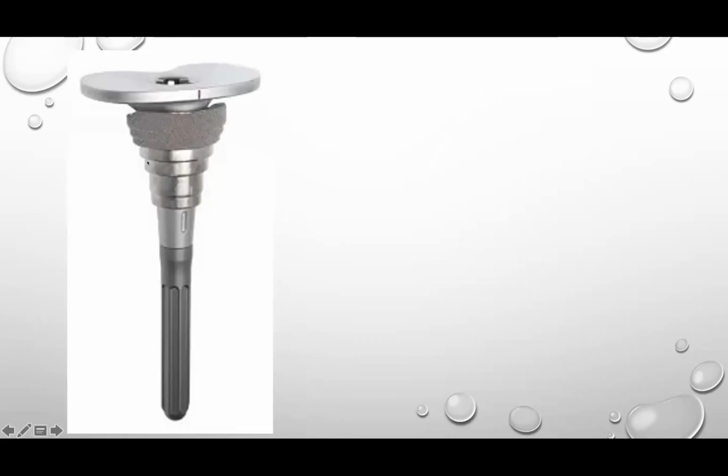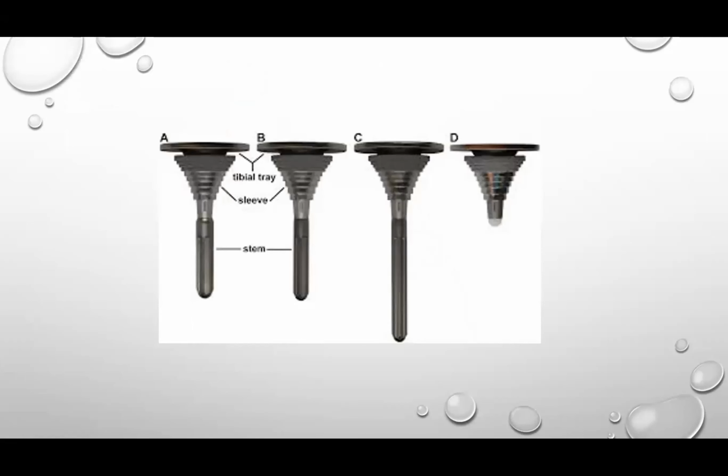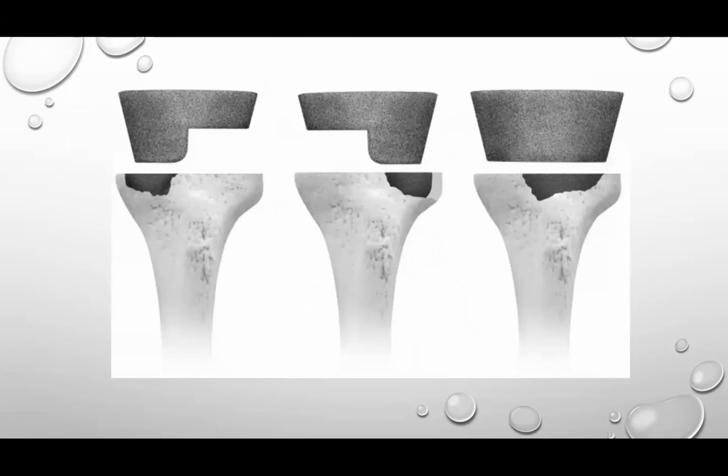This is the sleeve. The sleeve is usually unique for each manufacturer, and it gets connected to the tibial tray and stem by a more stable technique. Hence, you cannot use a sleeve of one manufacturer with another manufacturer, and you can add different stem sizes according to the diameter and bone loss.